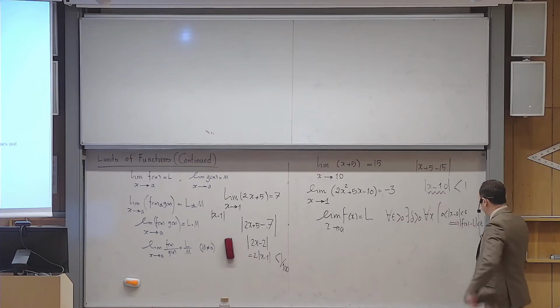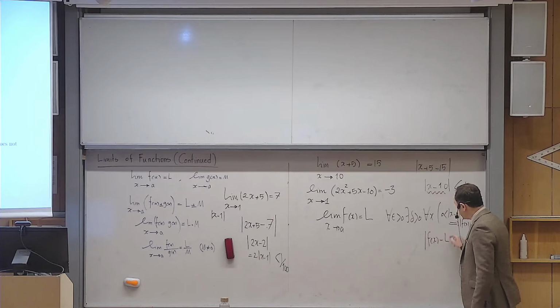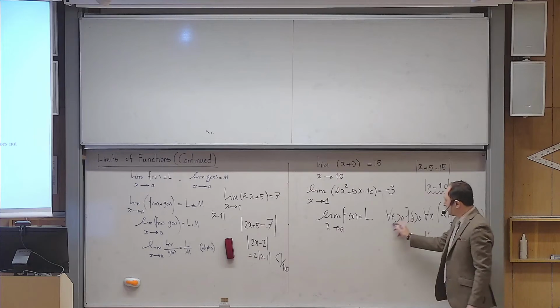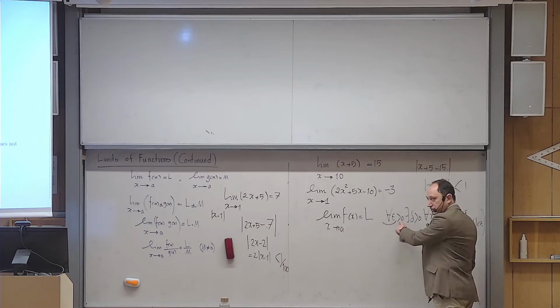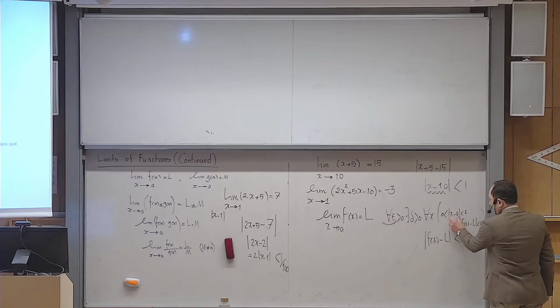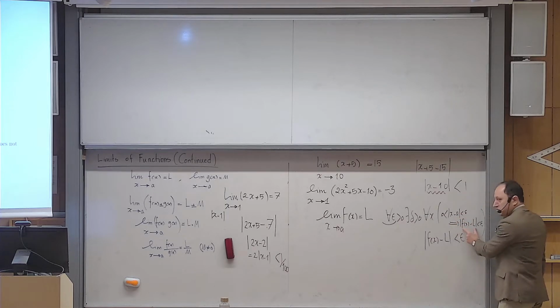This means that f of x minus L is the distance between f of x and L. Epsilon is for all, which means it is an arbitrarily small number, but positive. So by fine-tuning the distance between x and a, I can always make the distance as small as I want.